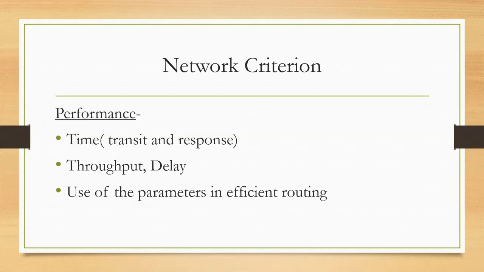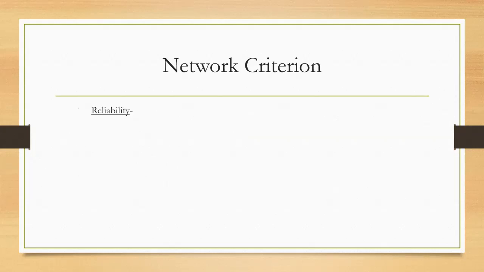Please understand, each and every parameter we are going to study in detail in later stages. Today we are just having an introduction of these parameters. And then the third one is the efficient use of parameters in the routing process. Routing is the process of sending or carrying the data packet from one location to another location. So these are the parameters which come under performance of the network.